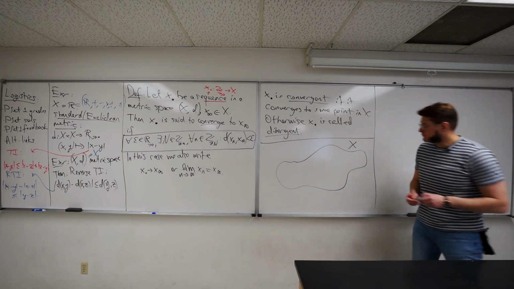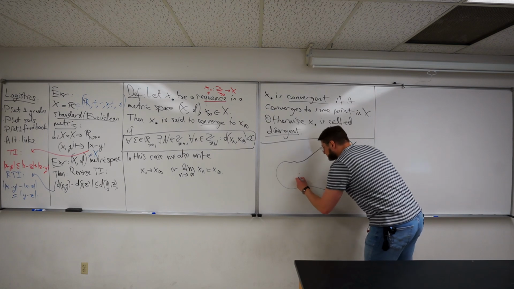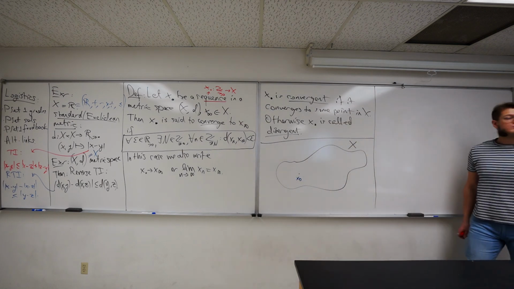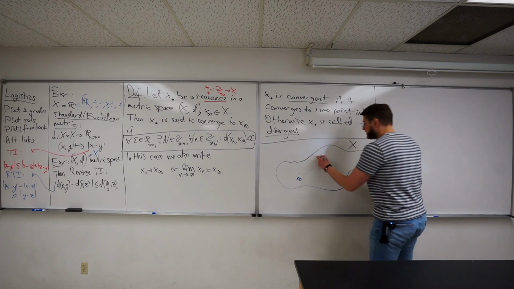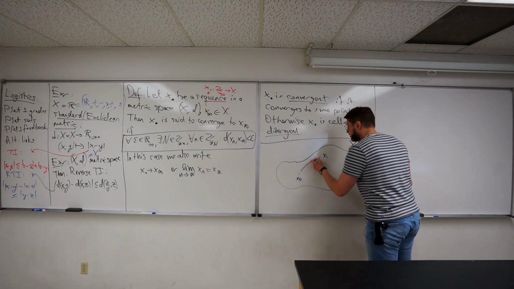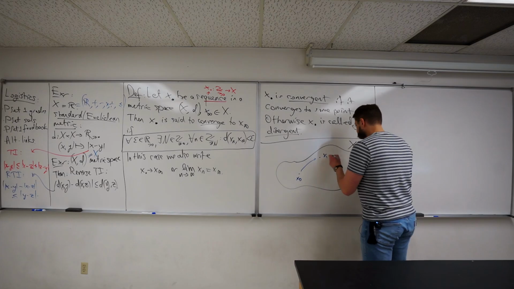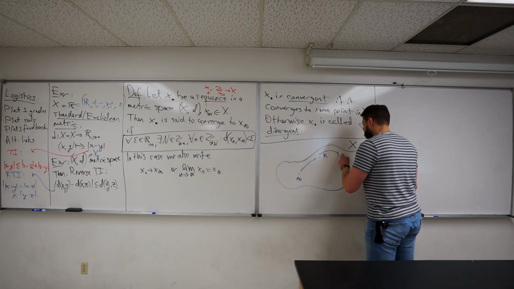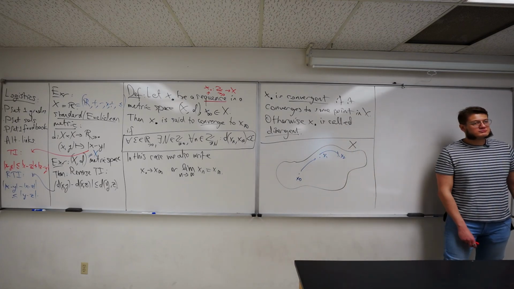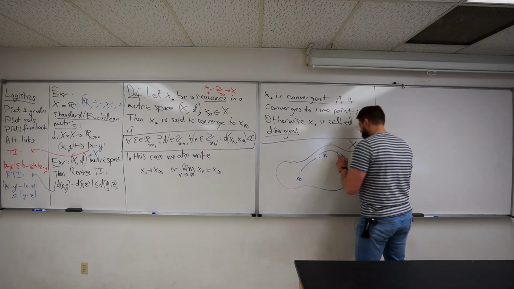So let's say at time 0, I'm here. It's a point. Then at time 1, say I transitioned over there. I jumped over there. Then I jump again. This is where I'm at time 2. Keeps going on and on.